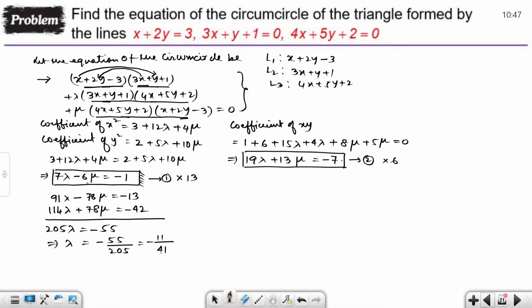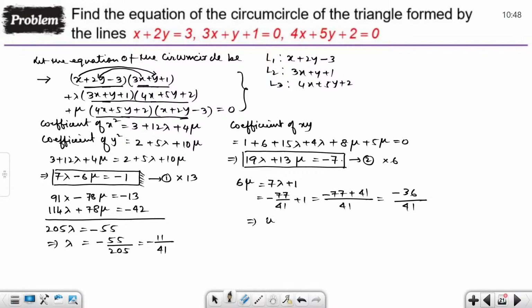Now put the value of lambda in the first equation to get the value of mu. 6 mu is 7 lambda plus 1. So 7 times lambda gives us minus 77 over 41, plus 1 gives us minus 77 plus 41 over 41. So that gives us minus 36 divided by 41. Clear?